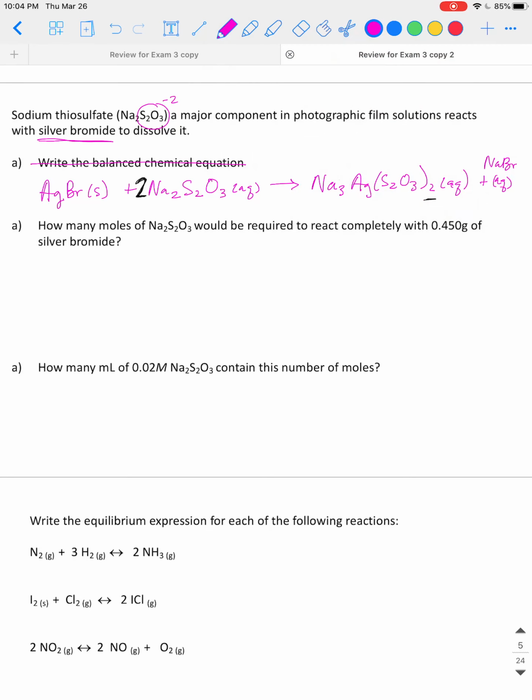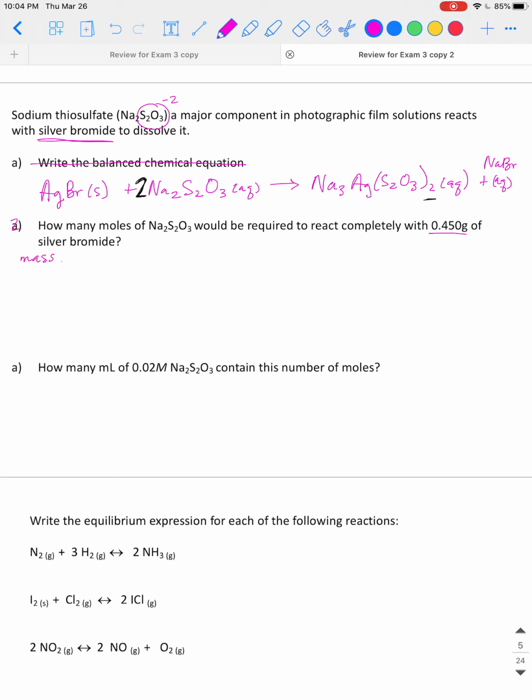Part 2. How many moles of sodium thiosulfate would be required to react completely with 0.450 grams of silver bromide? So essentially what we're doing is we are given a mass of silver bromide. So this is like chapter 6 stuff. Here's the diagram we're about to follow.